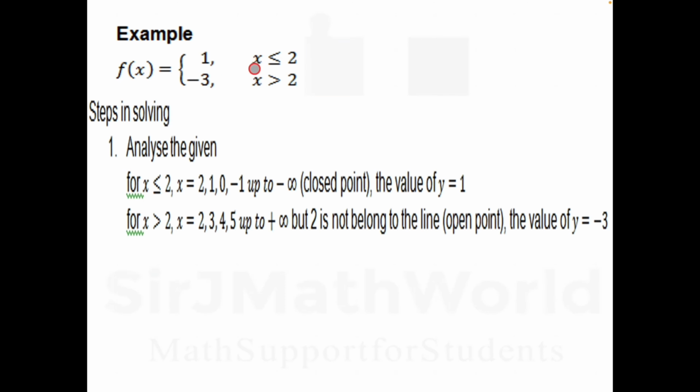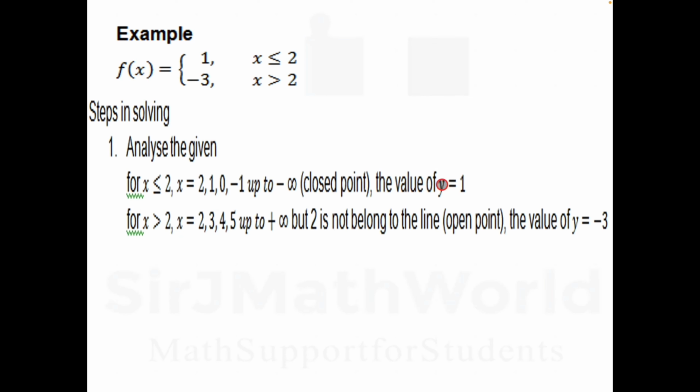So, kunin muna natin yung value ng x less than or equal to 2. May equal, so ibig sabihin kasama yung 2 dito. So, we have 2, 1, 0, and negative 1 up to negative infinity. So, this is close point kasi we have here the less than or equal to 2.